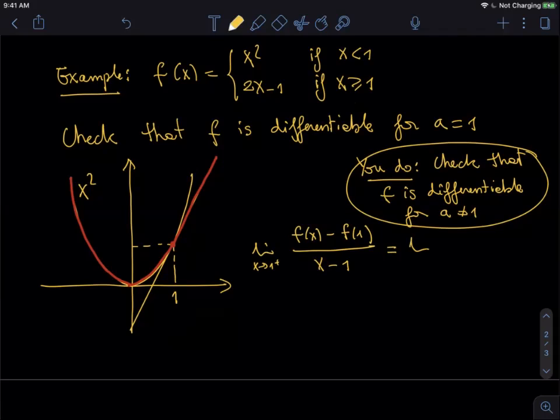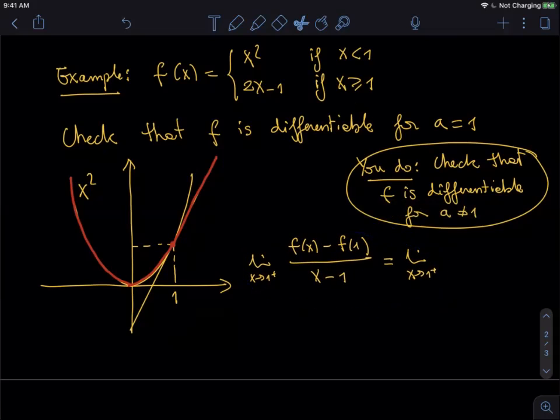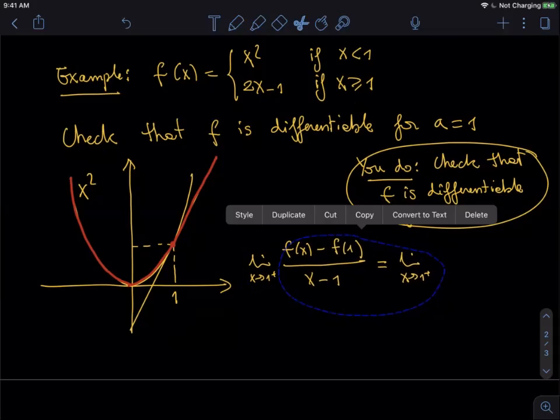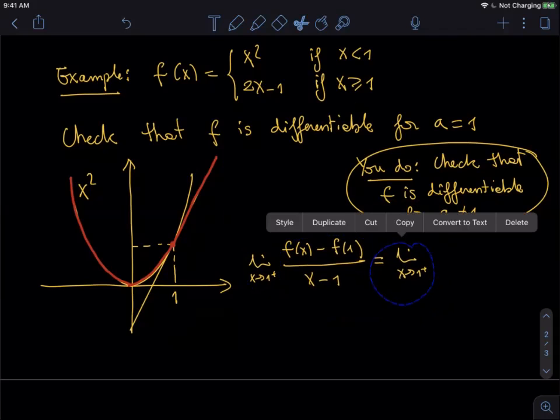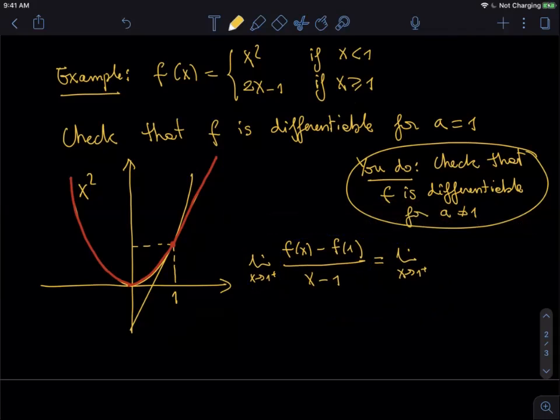So this is the limit as x tends to 1 from the right. And then we have f of x, which is 2x minus 1, because we are on the right of 1. We are approaching from this side, so it's 2x minus 1.